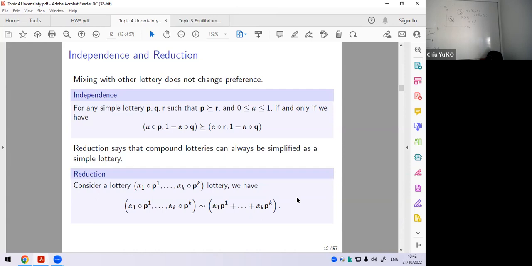Now let's do the following: I have 1/5 of A1 and 4/5 of A2. How will you evaluate this lottery?